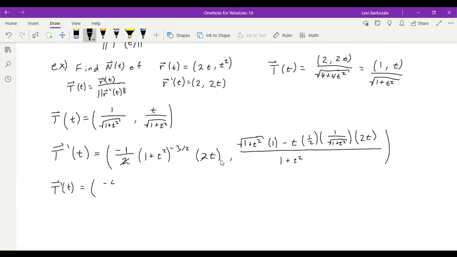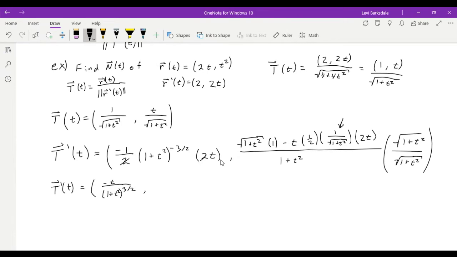We end up with negative t over 1 plus t squared to the 3/2, comma, this is, I'm going to go ahead and multiply this final portion, the second component, by square root 1 plus t squared over square root 1 plus t squared, in order to make sure that we don't have any fractions in the numerator like we do right here.